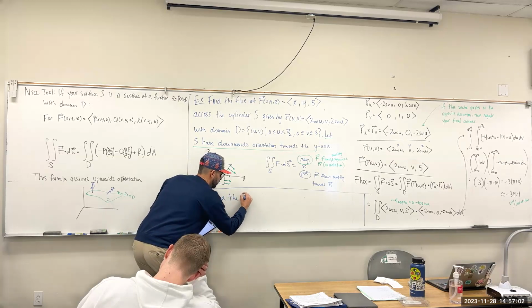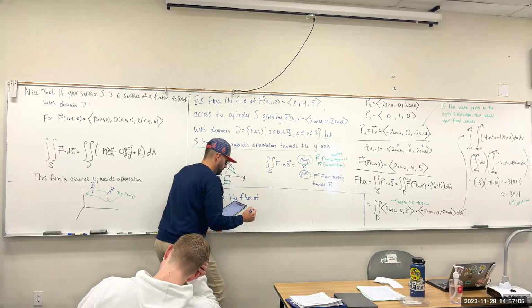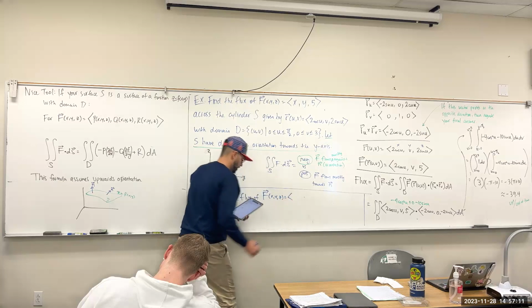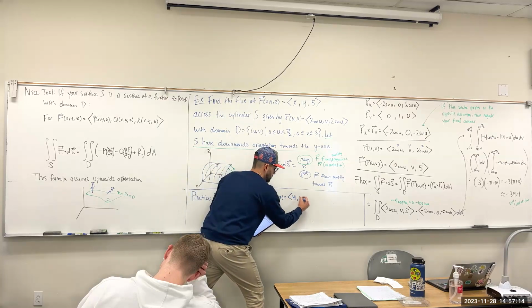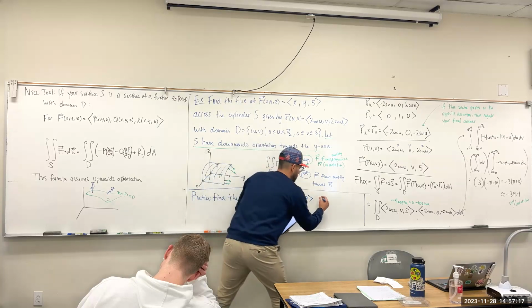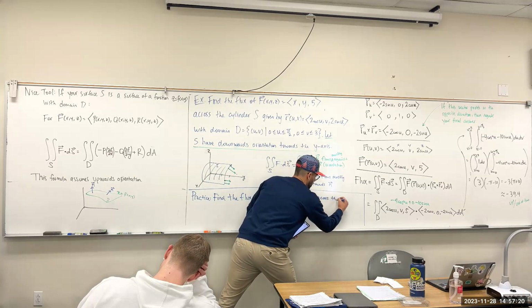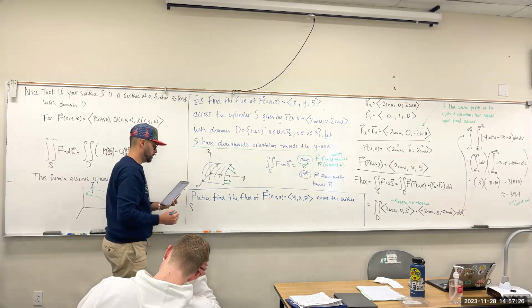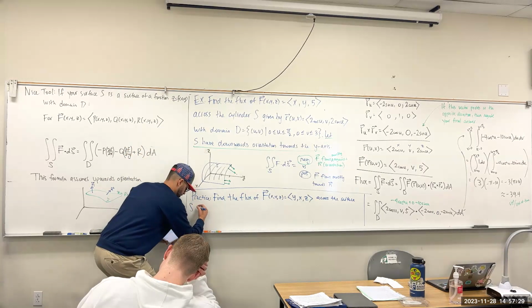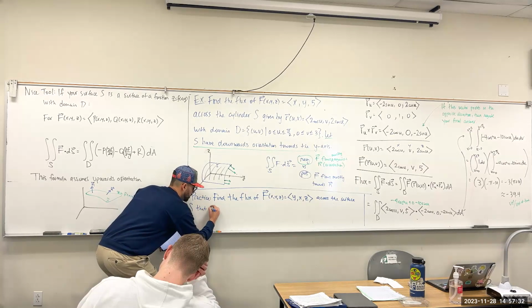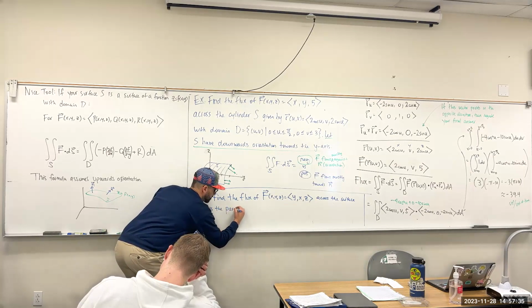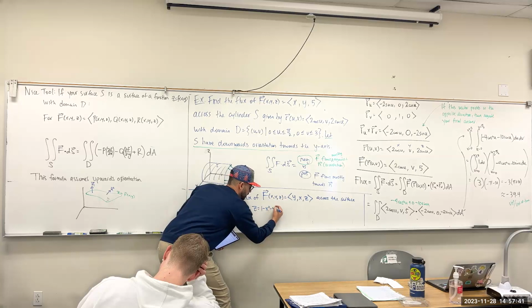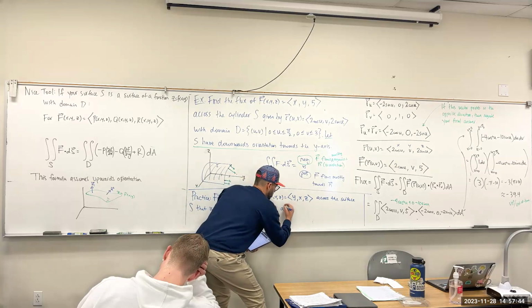Find the flux of F given by y, x, z across the surface S that is the paraboloid z equals 1 minus x squared minus y squared above the xy plane.